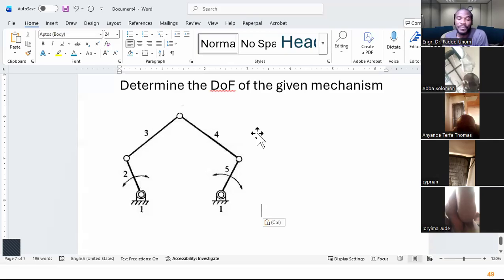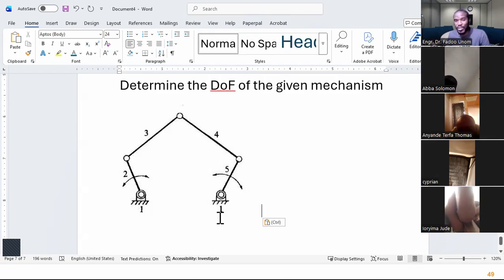Okay. So when you look, you will count how many links are there. Anytime you see this shaded thing at the bottom of something, it means that that thing is fixed to something. Whatever it is fixed to, that is your first link. So this and this together here, they are link 1.